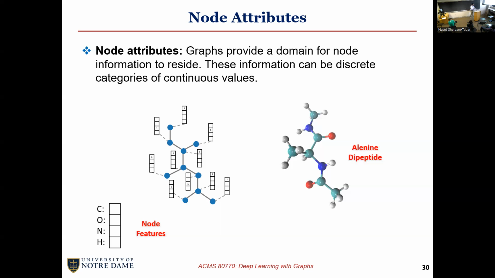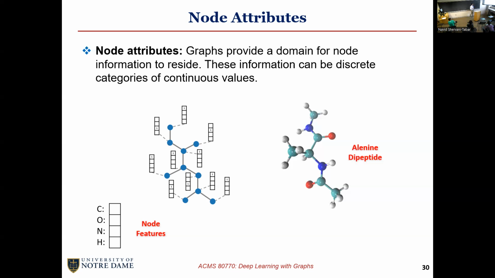It consists of 4 types of atoms. It is oxygen, nitrogen, it has carbon, and it has hydrogen. So when we want to represent this information on this graph, we construct a one-hot vector, which means that it is a vector of length of whatever number of categories that we have.